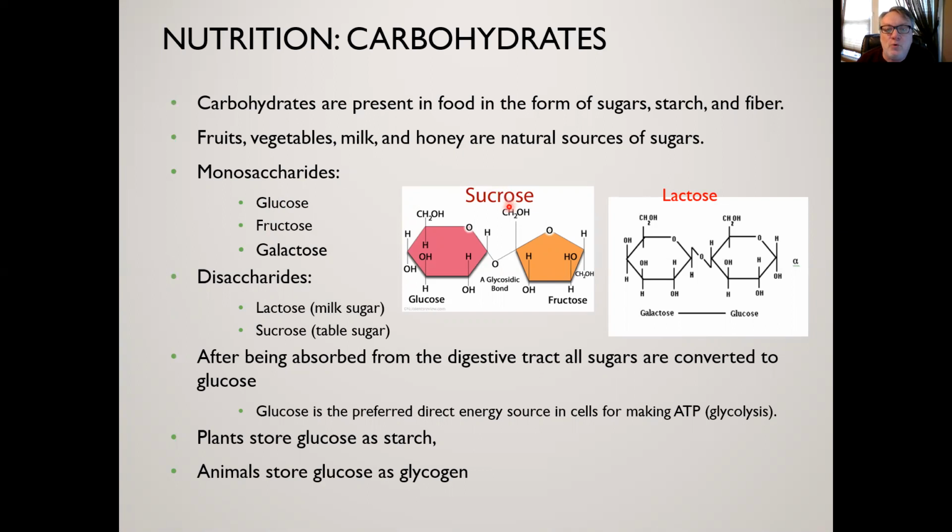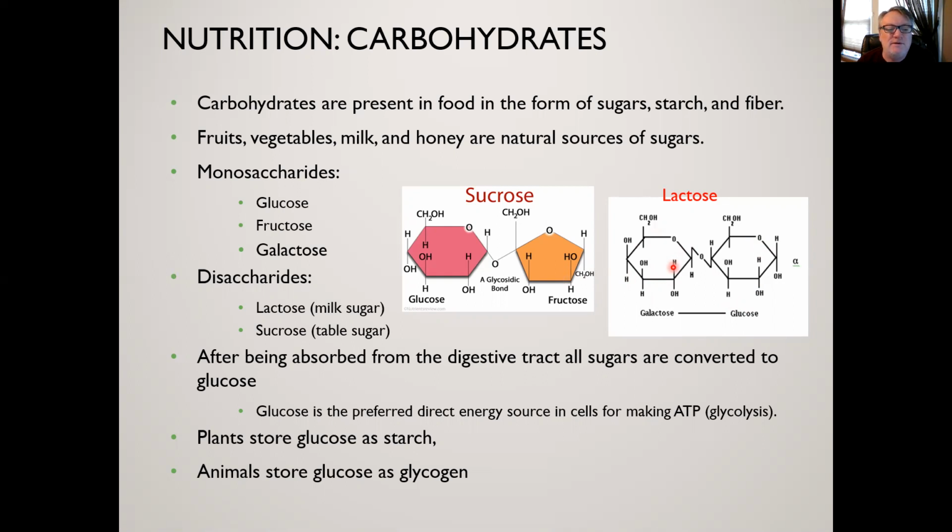Now, normally when we refer to a sugar, we're talking about something like table sugar. So instead of glucose, we're talking about sucrose. But sucrose is simply one molecule of glucose attached to one molecule of fructose. And when we drink milk or other dairy products, lactose is simply a glucose molecule with, instead of a fructose, a galactose molecule.